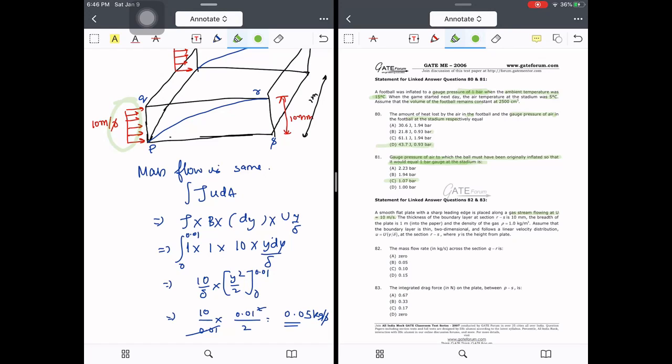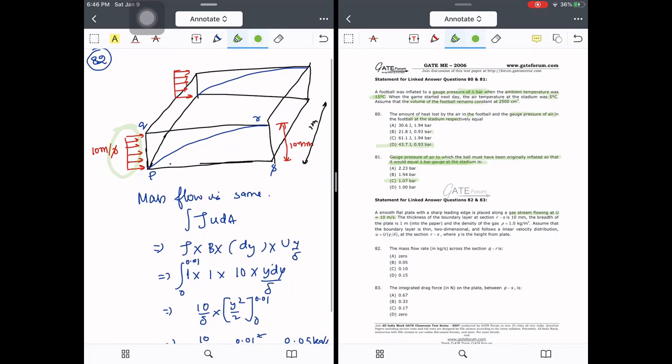Now coming to question number 82. A smooth flat plate with a sharp leading edge is placed along a gas stream at U equal to 10 meters per second. That is the uniform velocity with which the gas is flowing. I think they have not given any diagram, but the diagram is like this.